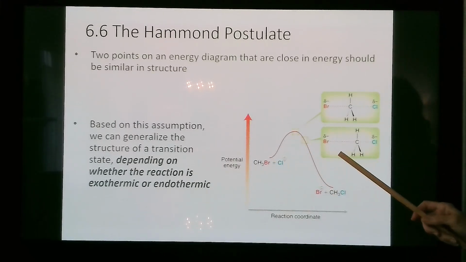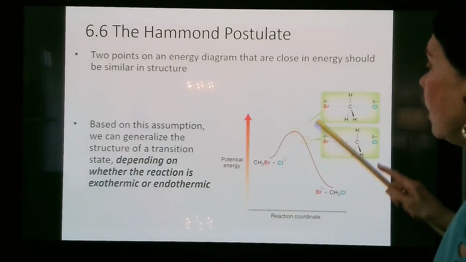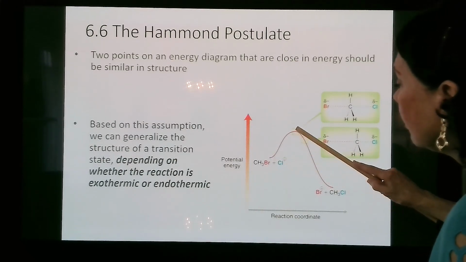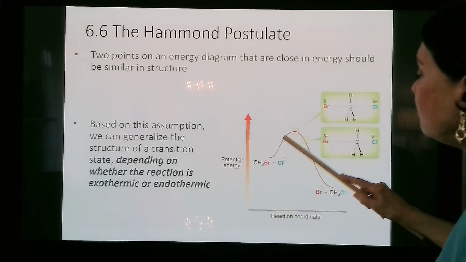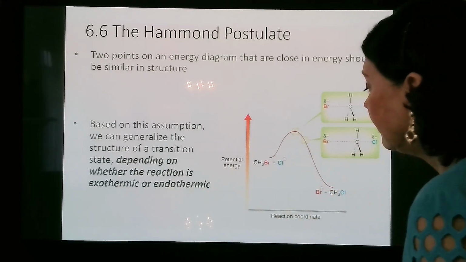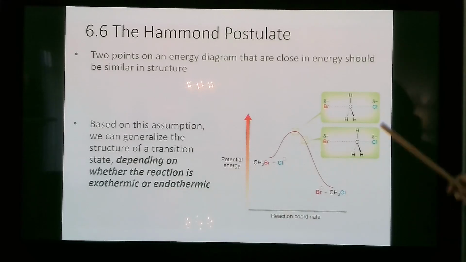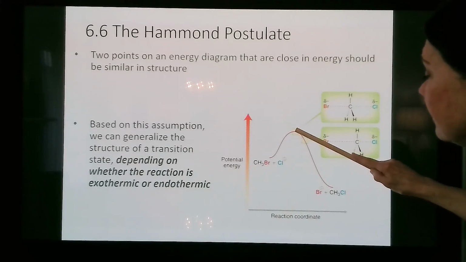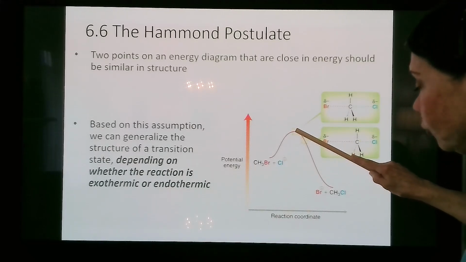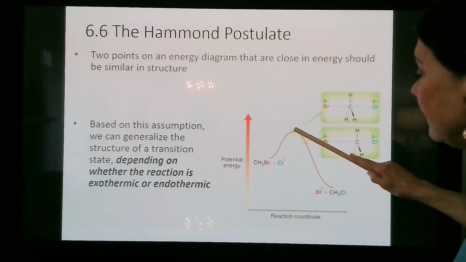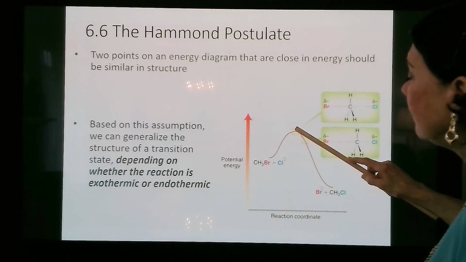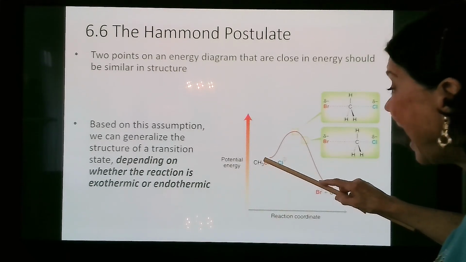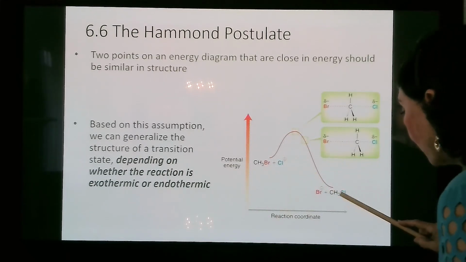The Hammond postulate tells you that two points that are close on the reaction diagram are going to be more similar in structure. So this transition state structure is going to be closer to the reactants than to the products.